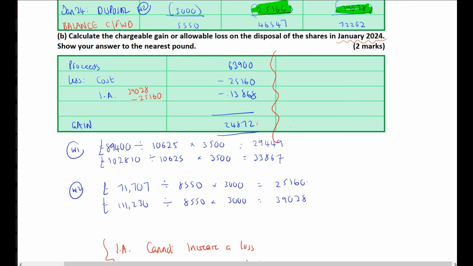The alternative, which is absolutely fine, as long as your final answer is a gain, would look like this. So proceeds, 63,900. And instead of deducting cost and indexation separately, you would then deduct indexed cost.